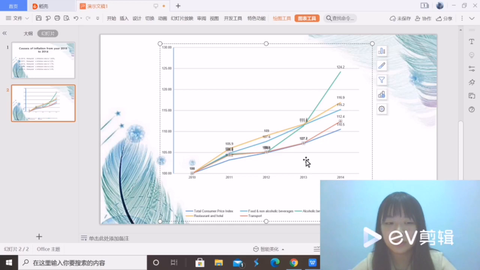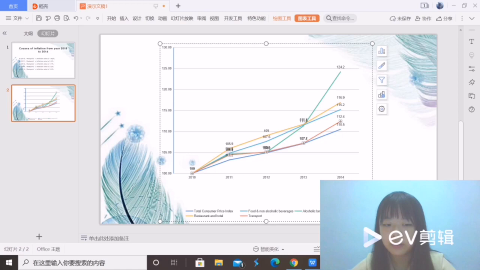Inflation in 2013 was mainly due to the increase in restaurants and hotels, the transport, and the food and non-alcoholic beverages.